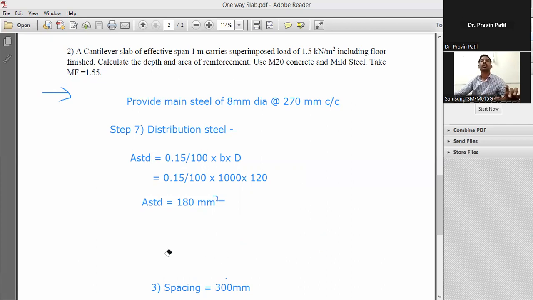Here also there are three conditions for spacing. For the first spacing, the formula is the same: spacing is equal to 1000 into Ast by ASTD, where Ast is the area of one bar of distribution steel.